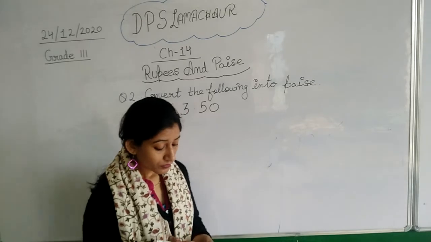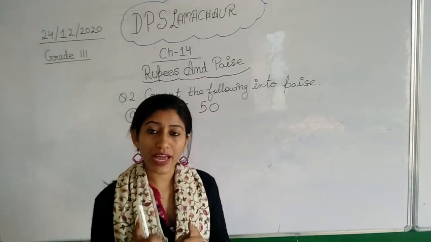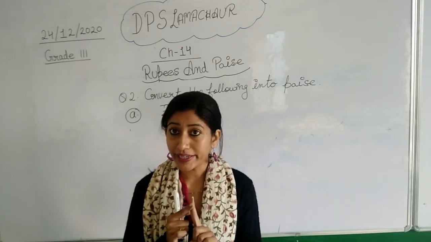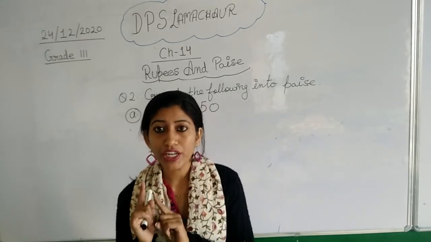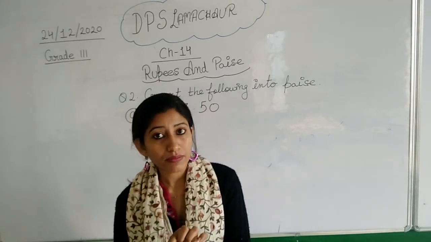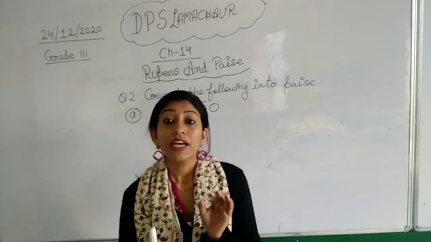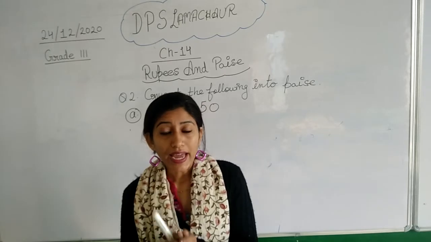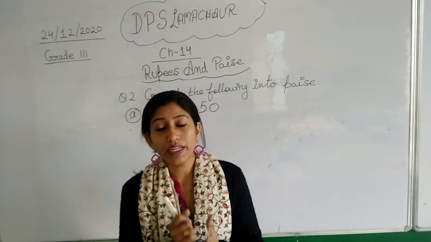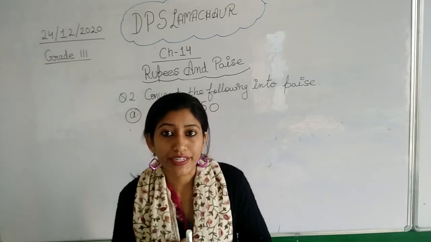See beta. Earlier also when we learned conversion, one thing I told you very clearly: for converting units, the number that we are converting, if another number given has the same unit, then we don't need to convert that.